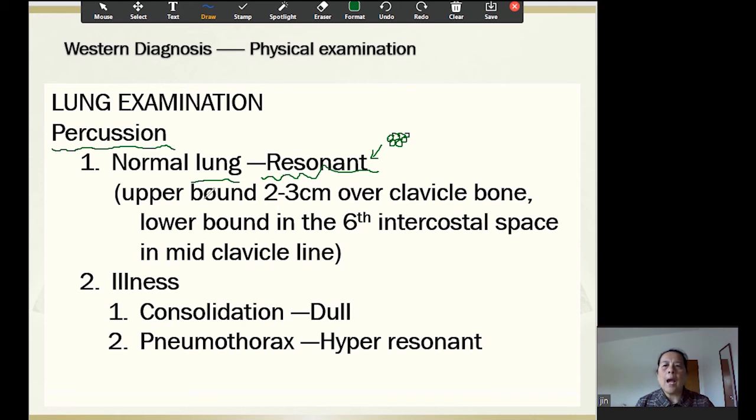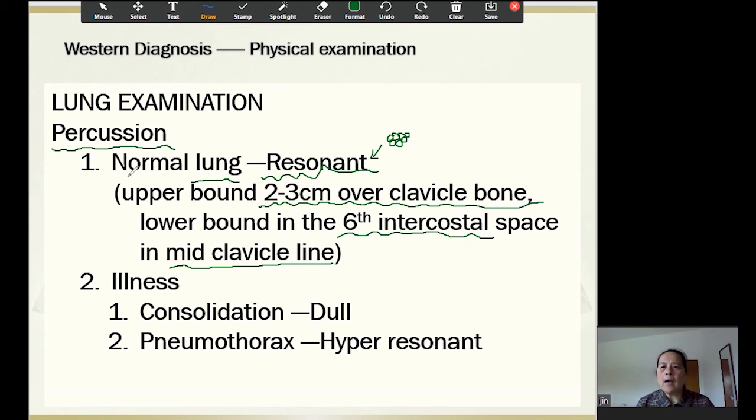And in percussion, where can we find the lung sound, the resonant sound? Basically, the upper border is 2 to 3 centimeters over the clavicle bone, and the lower border is around the 6th intercostal space, in the midclavicular line. So with the patient's normal respiration, now deep breathing in, now deep breathing out.